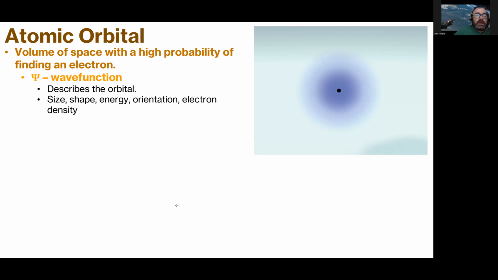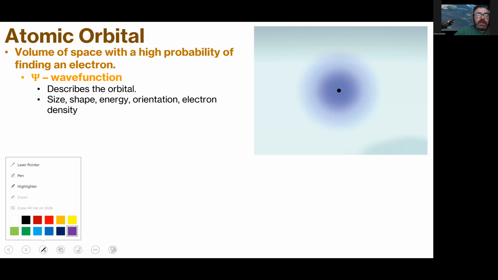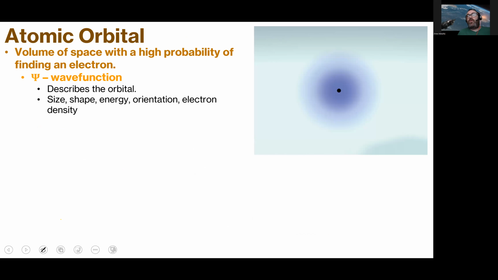It's named orbital as a homage to Bohr and his orbit, because it's not really an orbit, but it's kind of like an orbit, and that's where we came from. The orbital is just a volume of space that has a high likelihood of finding an electron.